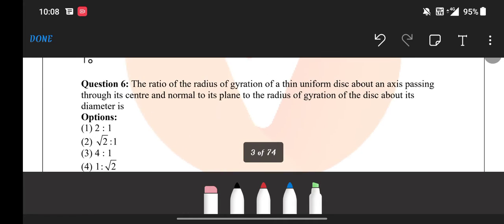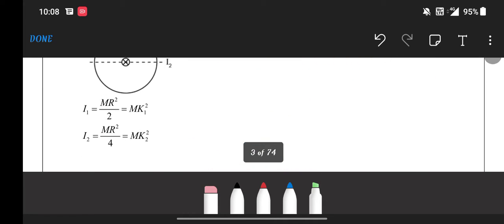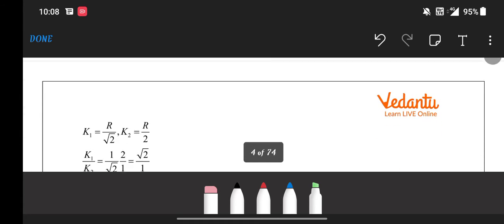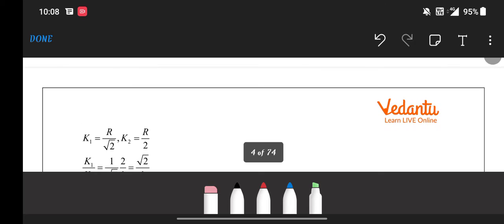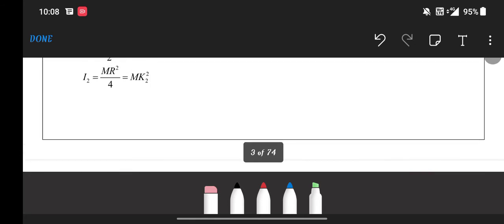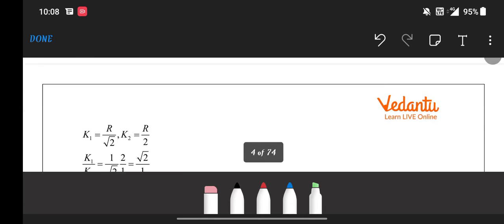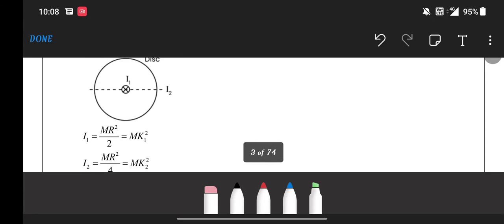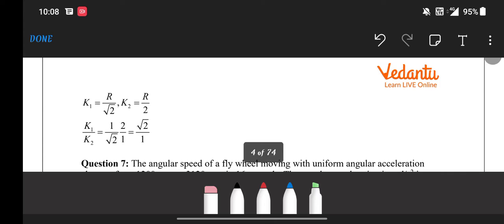Disk, okay, this is next. I1, let us take m r square by 2. I2, it is 4 times, so m r square by 4. So if we take k1 as r root 2, and k2 is equal to r by 2.